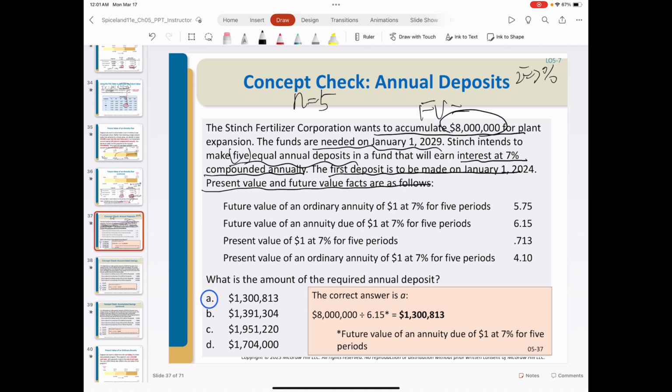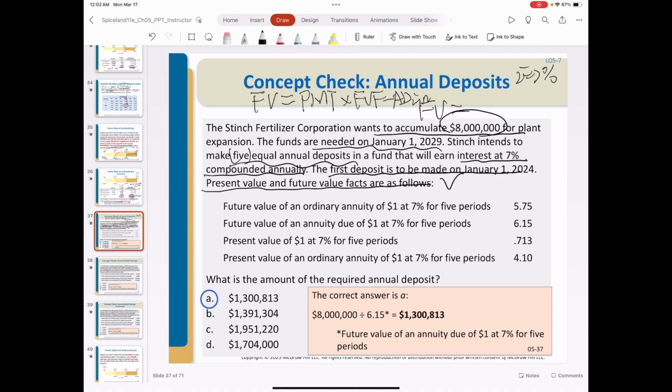Okay, so based on this information, we know this is an annuity due. Now we have all the information. Based on the formula of future value of annuity due, we just need the payments multiplied by the future value factor of annuity due, which is determined by interest rate and the number of periods.